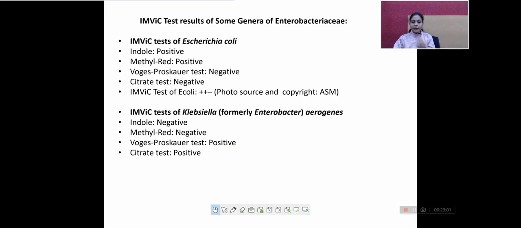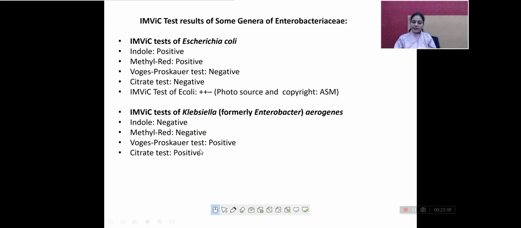The methyl red test is negative, which means there is no oxidation of glucose taking place. The VP test is positive, which means there is production of red-brown color. The citrate test is positive, which means bacteria are present that utilize the citrate, right? That's why it is positive.